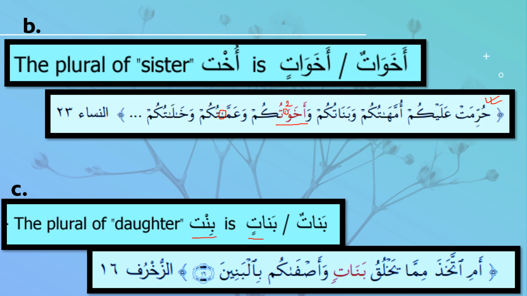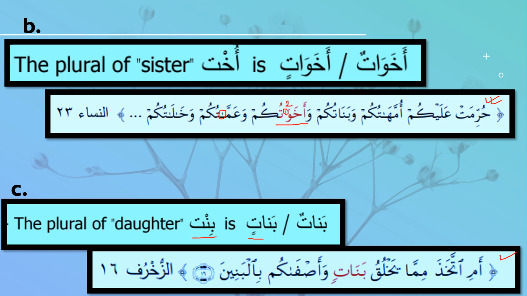So let's do the example from the Quran. Amittahaza mimma yakhluqu banatin means Allah subhanahu wa ta'ala is saying, have I taken daughters from what He has created? This was what the disbelievers used to say.